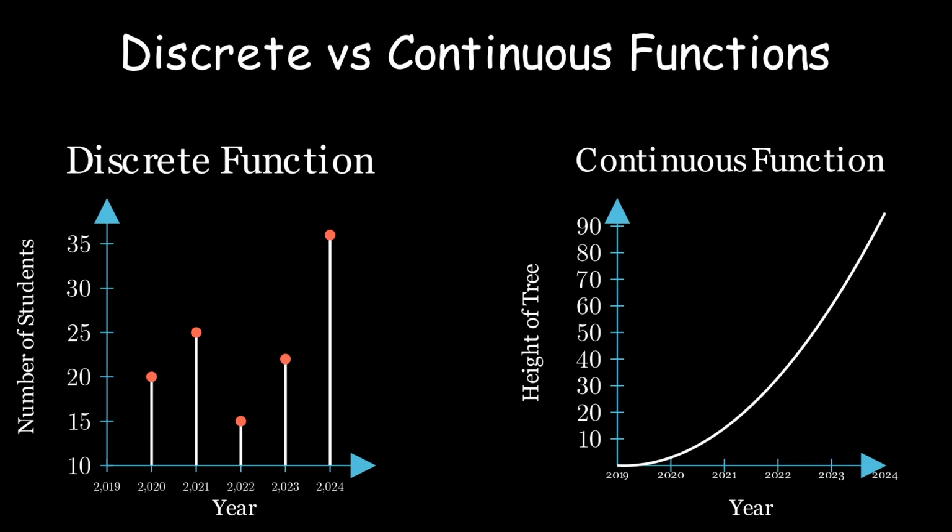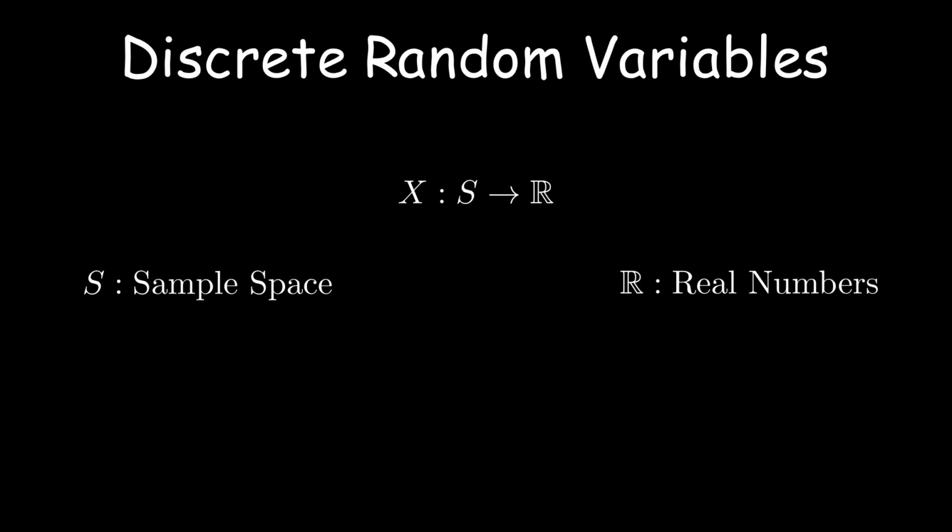Now that we understand the difference between discrete and continuous functions, let's define what a discrete random variable is. In our previous video, we defined random variable X as a function from S to R, where S is the sample space and R is the set of real numbers.